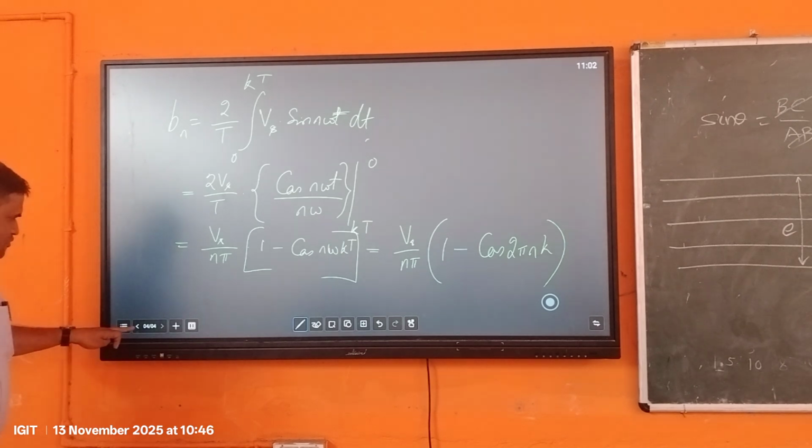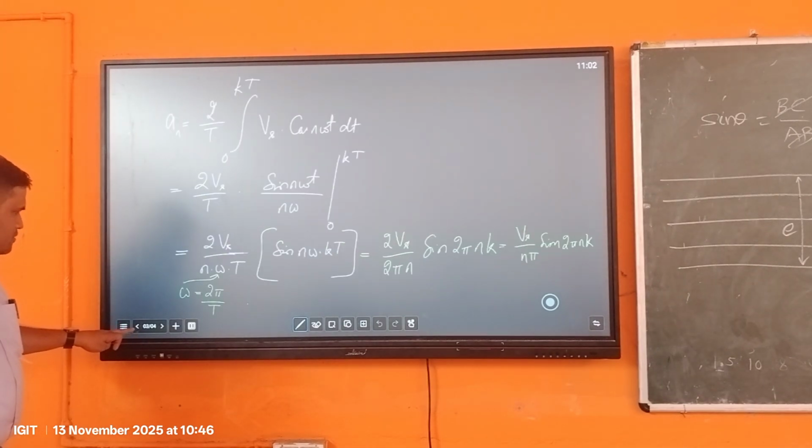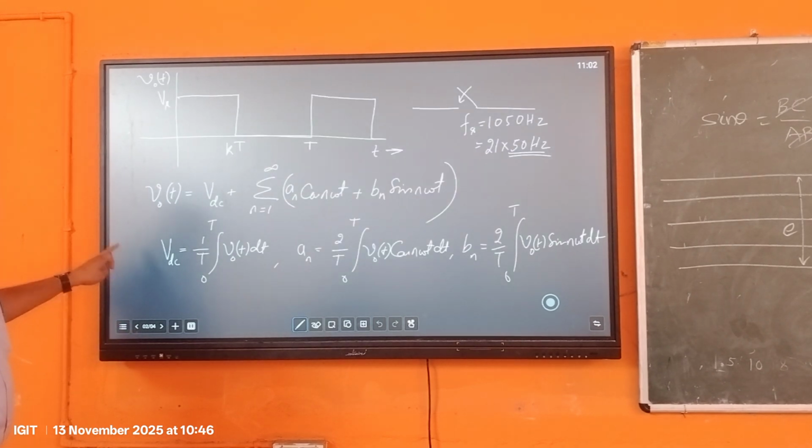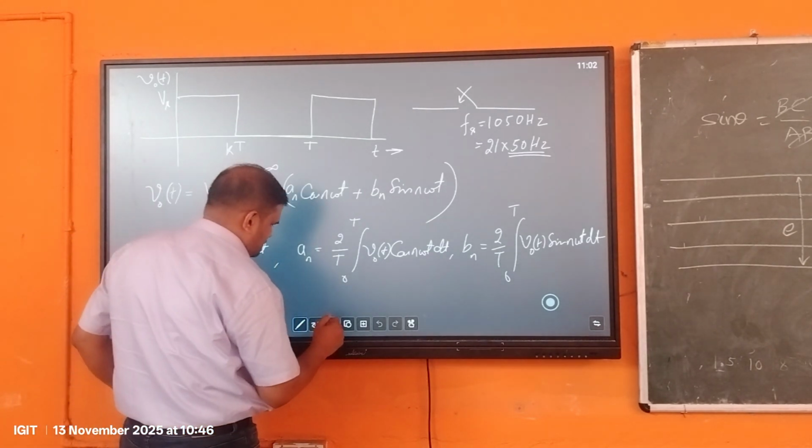We also get the value of an, and also we know the value of Vdc. If we substitute these values, what will happen? Let us write down here.